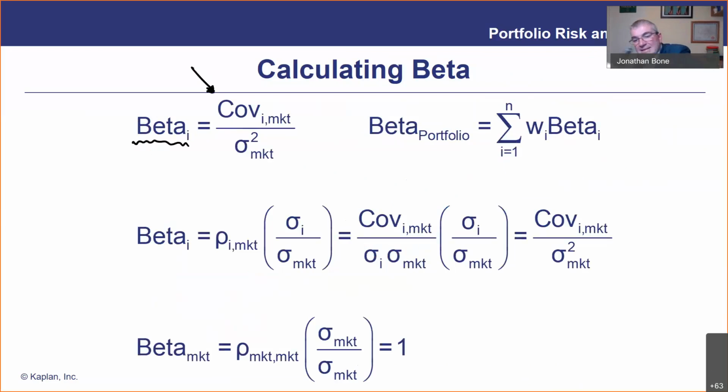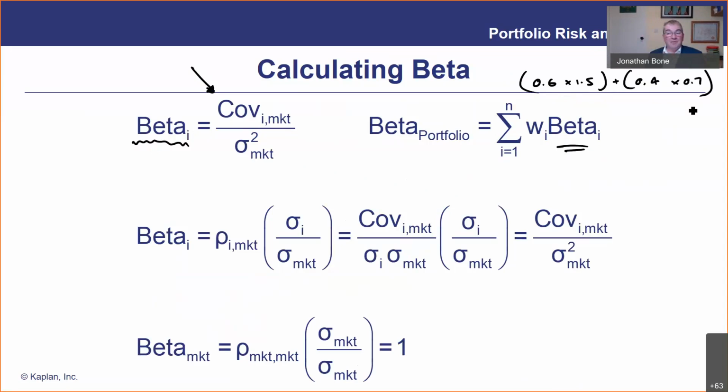Notice if you're calculating beta for a portfolio, let's imagine we've got a two-asset portfolio, 60% in asset 1, and that has a beta of, let's say, 1.5, and 40% therefore in asset 2, to keep things easy, and it has a beta of, I don't know, 0.7.